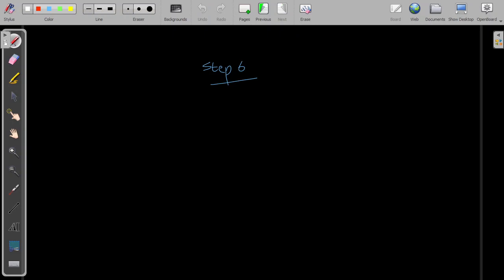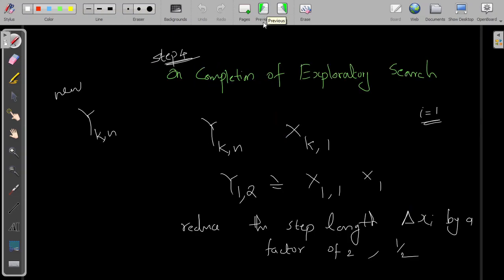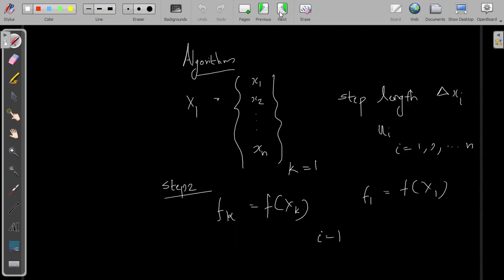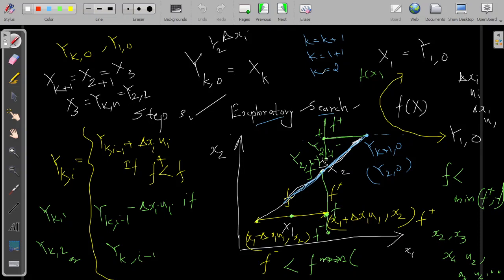Finally, at the end of step 5 we will get the new optimum solution. We have this pattern direction like this, and if we apply it, we will get a point here, let us say, which will be our x4.